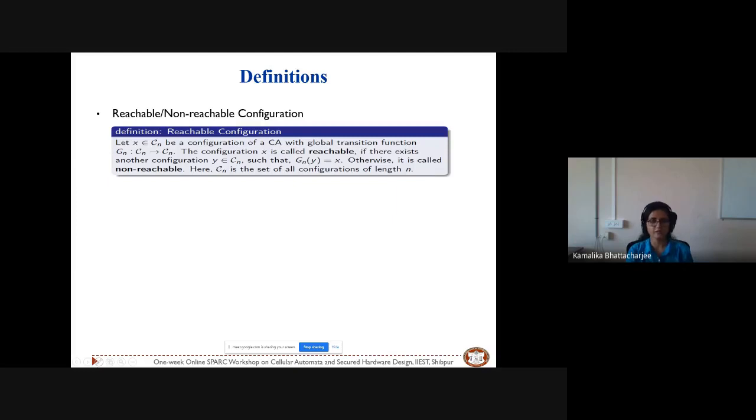What is a reachable configuration? A reachable configuration means a configuration of a finite CA for which there is a predecessor. So there is something from which it is reachable. You can reach it through the evolution of the CA. And when there is no predecessor of that configuration, it is called a non-reachable configuration.